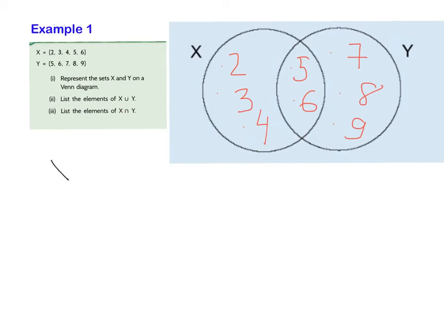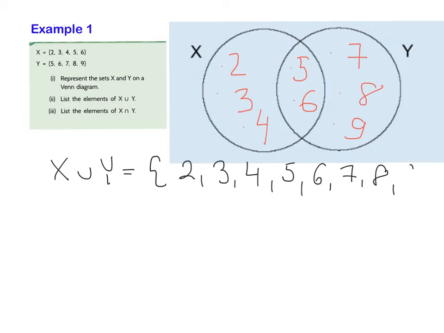So X union Y equals curly brackets for set, everything that was in X and Y. So we have 2, 3, 4, 5, 6, 7, 8, 9.